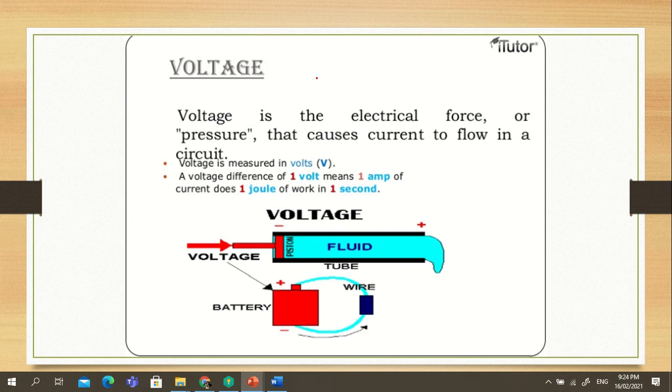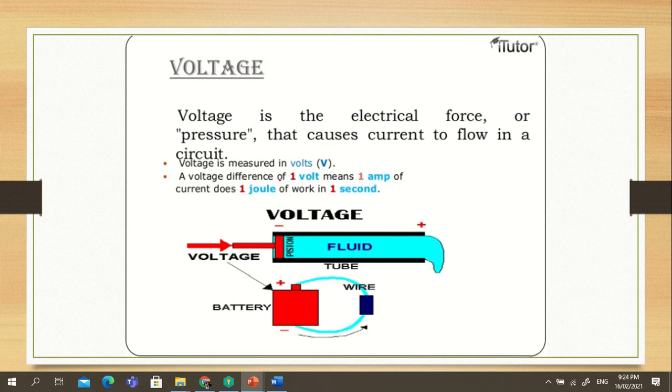So when a force is applied, or pressure, or an electromotive force is applied, the current will be pushed and then it will travel throughout the circuit. So voltage is the electrical force or pressure that causes current to flow in a circuit. And voltage is measured in volts, and the symbol used is V.